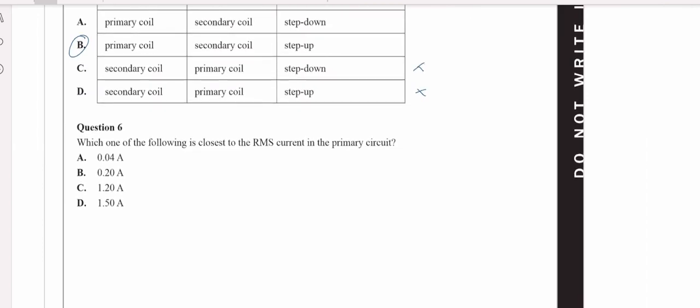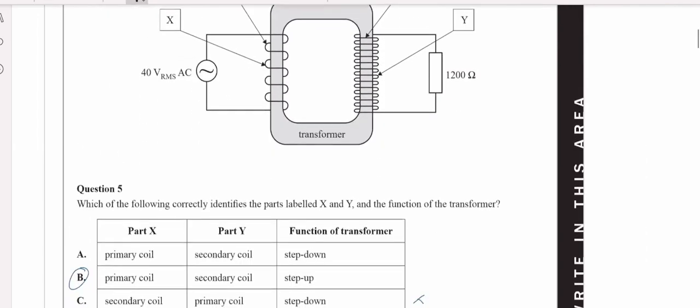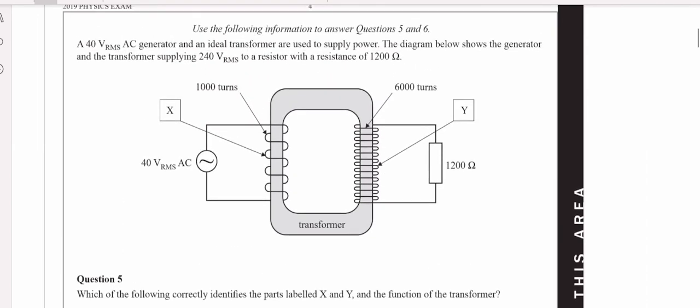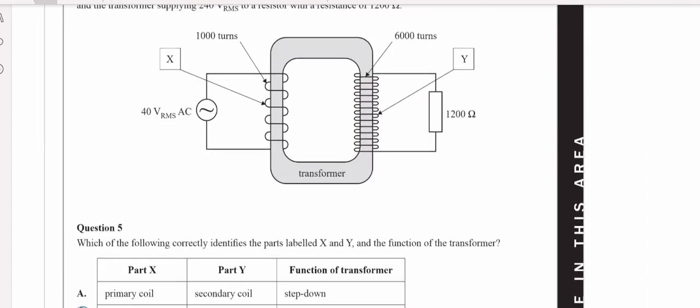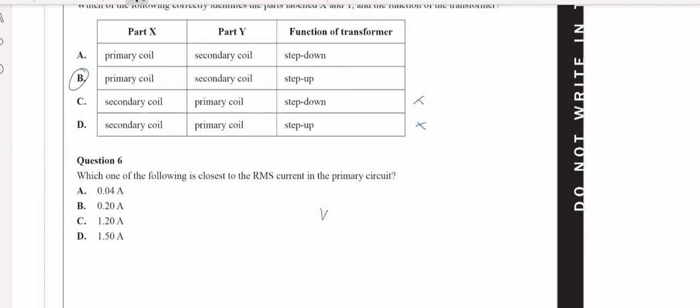On the RMS current, we have the voltage, and we have the voltage on the other side, 40 times 6,000, that's a 1 to 6 ratio. V equals IR.